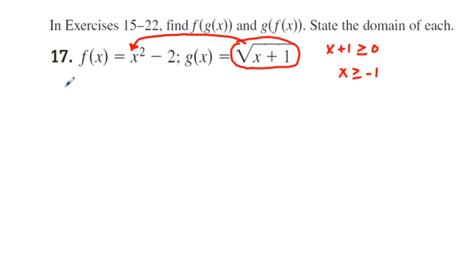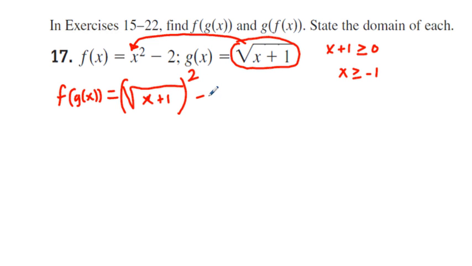So we say f of g of x is equal to, we put in parentheses here, the square root of x plus 1 replacing the x, but we square on the outside, minus 2.